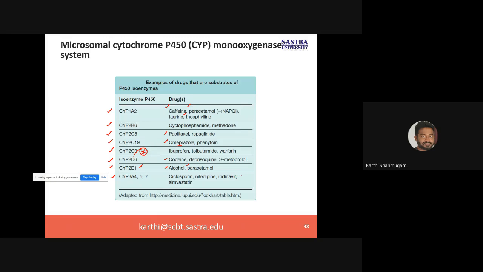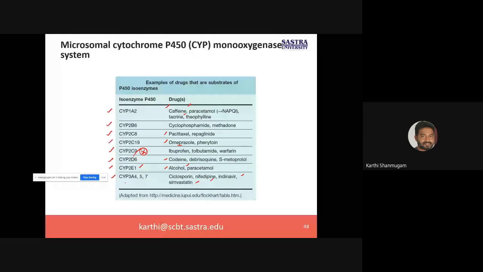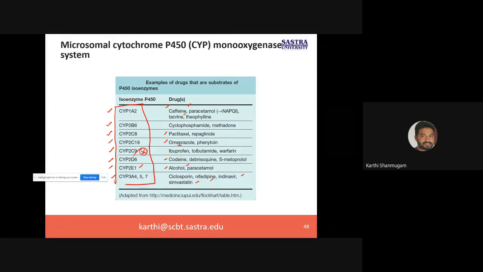Indinavir, nifedipine and simvastatin are mainly metabolized by CYP3A4, CYP3A5 or CYP3A7. If you go for any competitive examination, they may ask which are the important cytochrome P450 isoforms and what the corresponding drug molecules or substrates are for each specific isoform. So you have to remember this for examination.